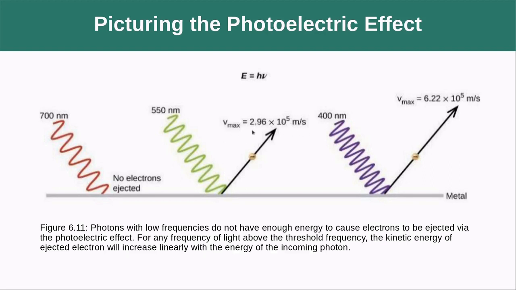So let's say that at 550, we get 2.96 times 10 to the 5 meters per second electrons shooting off here. If we go even lower wavelength, higher frequency, higher energy, we see that these electrons start to shoot off quite a bit faster, 6.22 times 10 to the 5 meters per second.